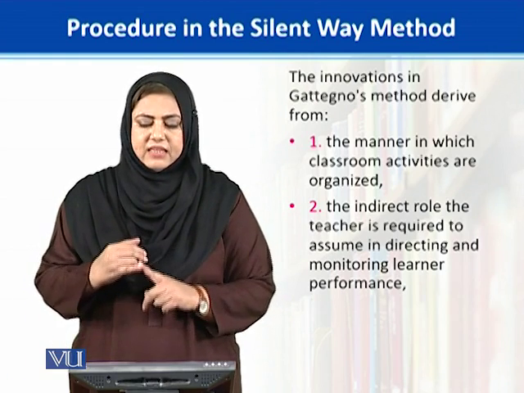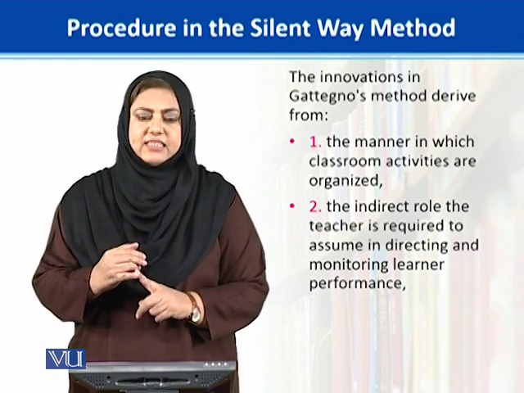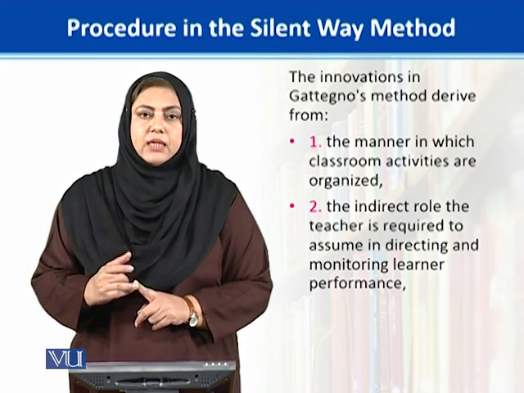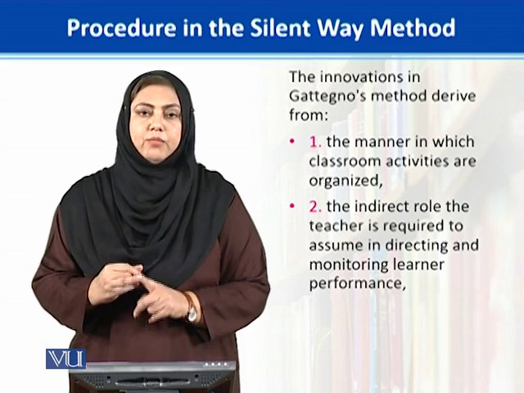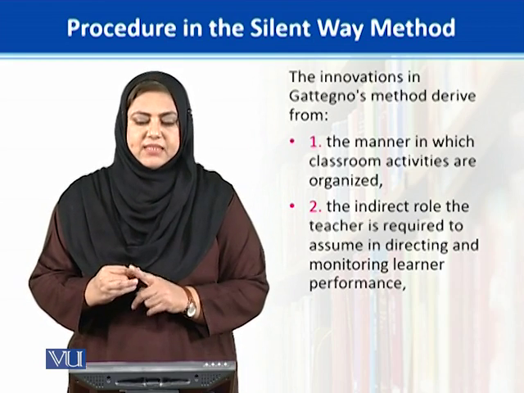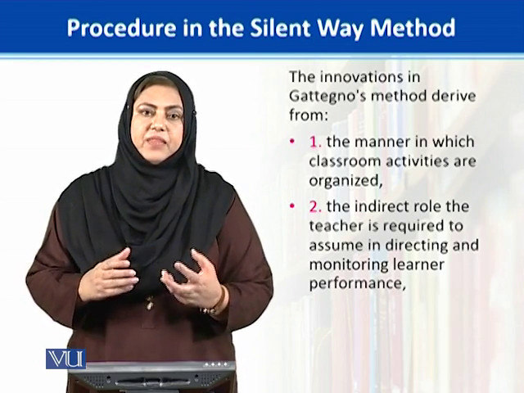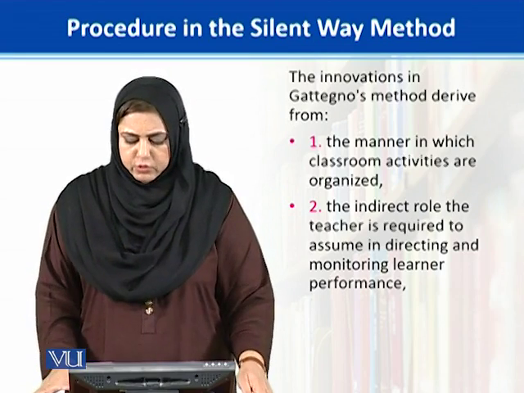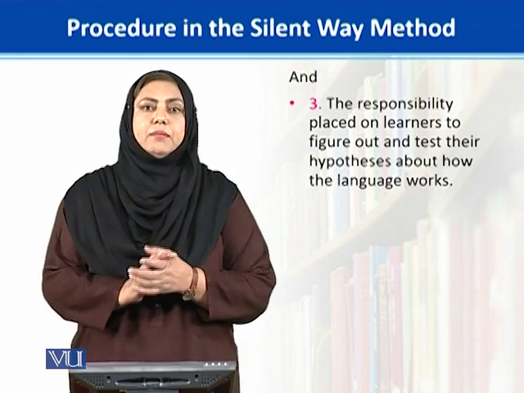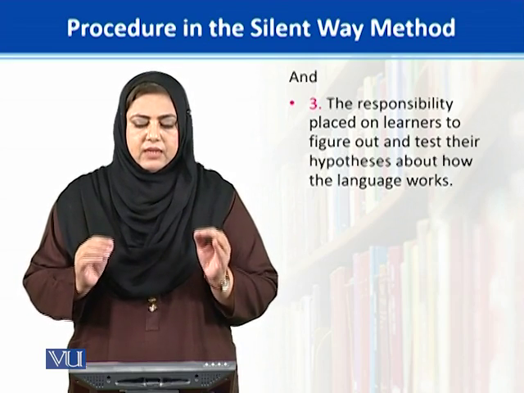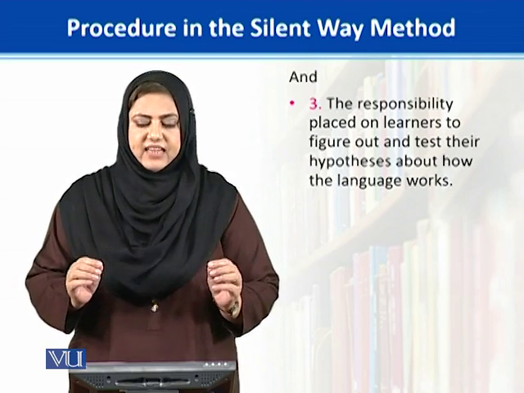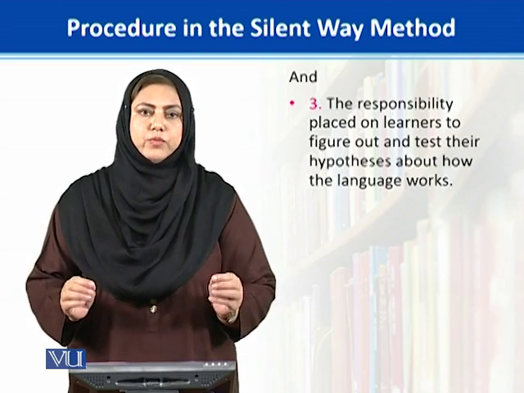Number 1, the manner in which classroom activities are organized is unique. Number 2, the indirect role the teacher is required to assume in directing and monitoring the learner's performance is unique in the sense that the teacher keeps silent for most of the time. And number 3, the responsibility that is placed on the learners to figure out and to test their hypotheses about how the language works.